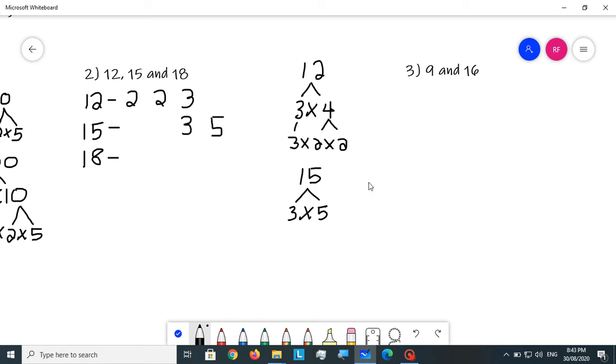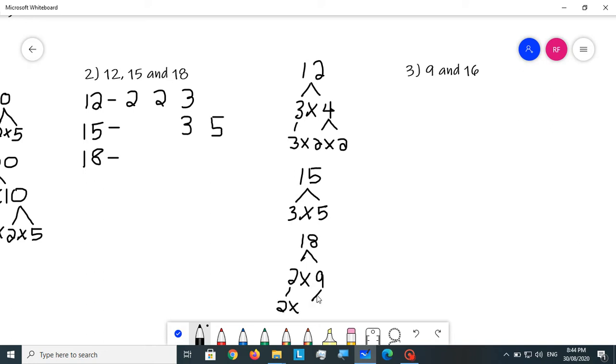And then of course 18. For 18, you can have 2 times 9. 2 is already a prime number, so you just bring it down.